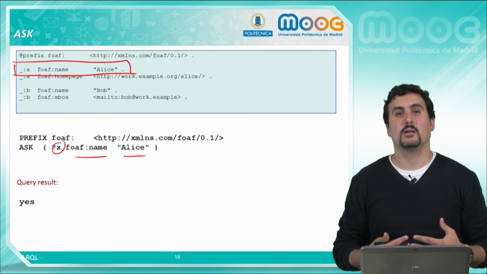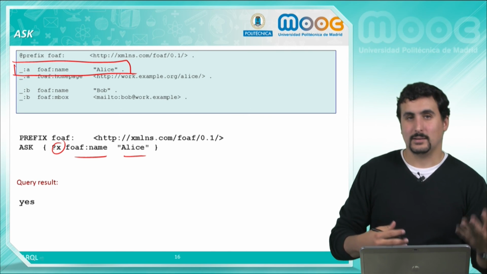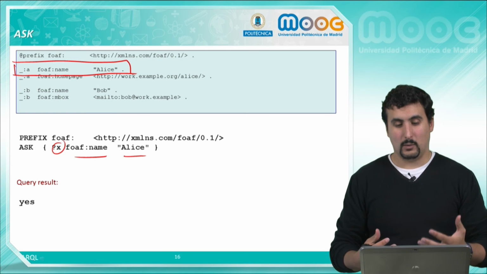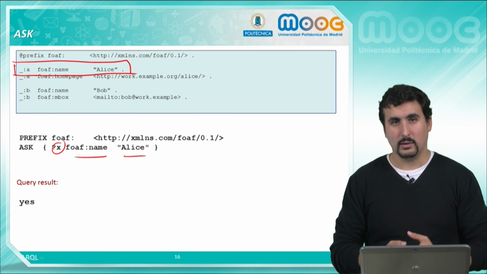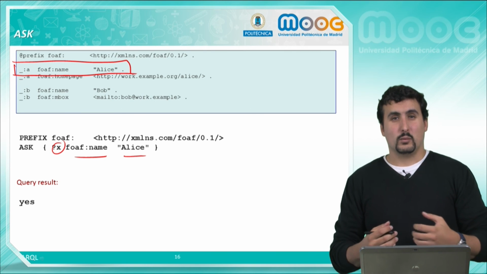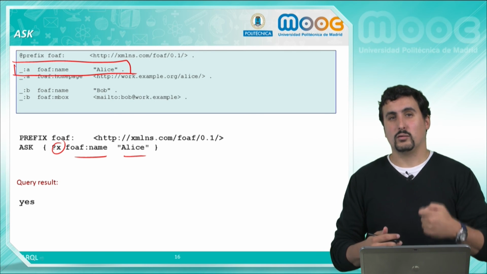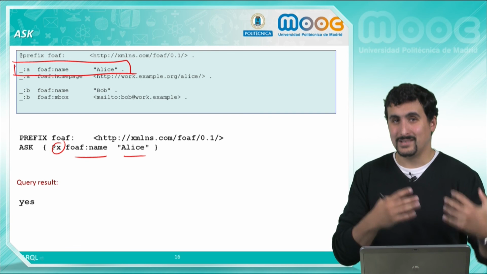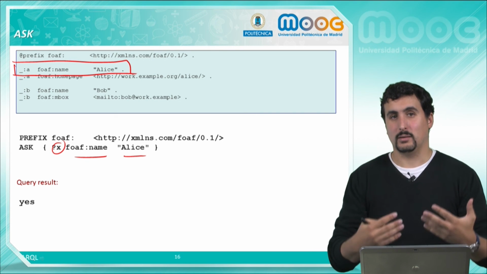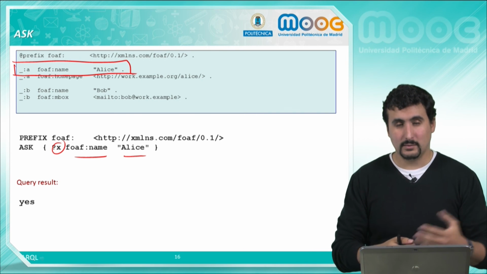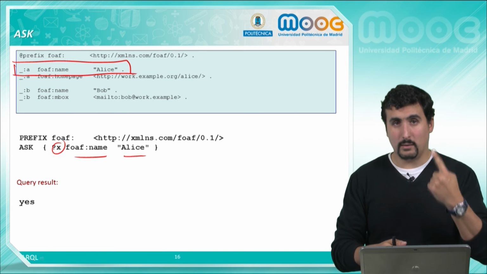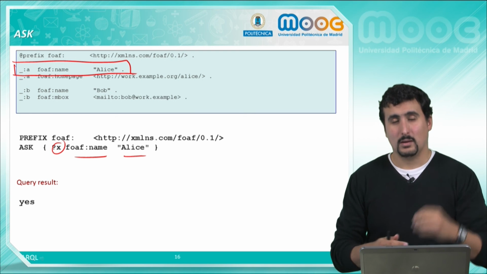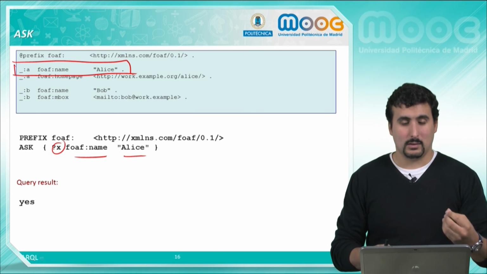We don't get the results, we get whether they exist or not. This is really useful when we are querying large SPARQL endpoints, large datasets, in which we first want to be sure that our query makes sense before having to execute it. This is much faster: as soon as the query finds one pattern that meets our requirements, it returns yes.